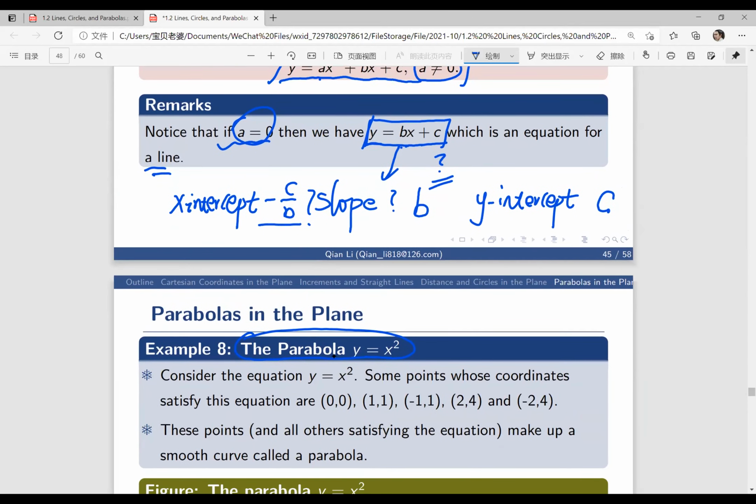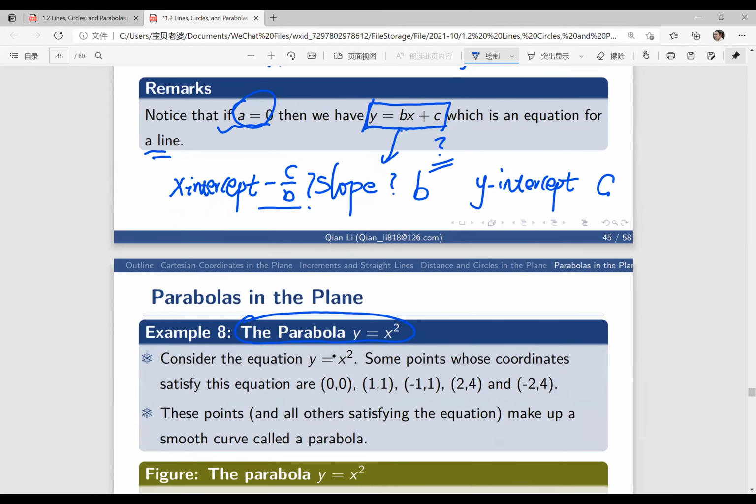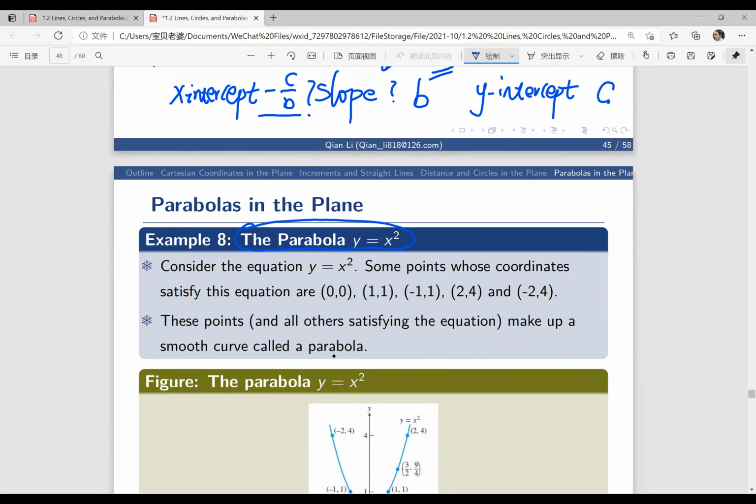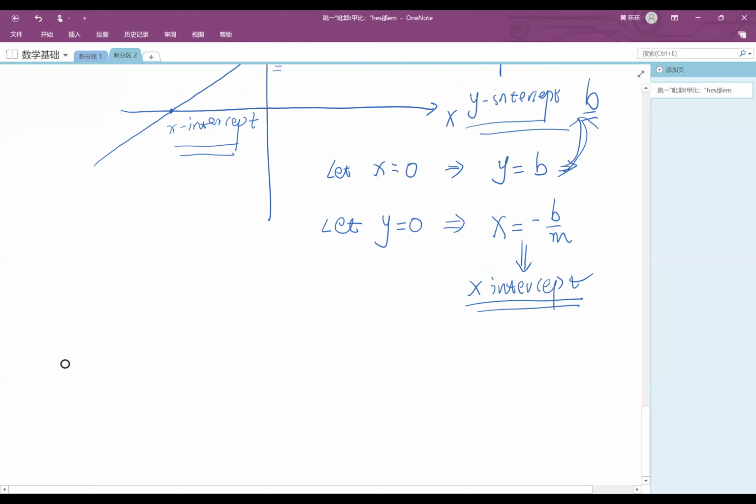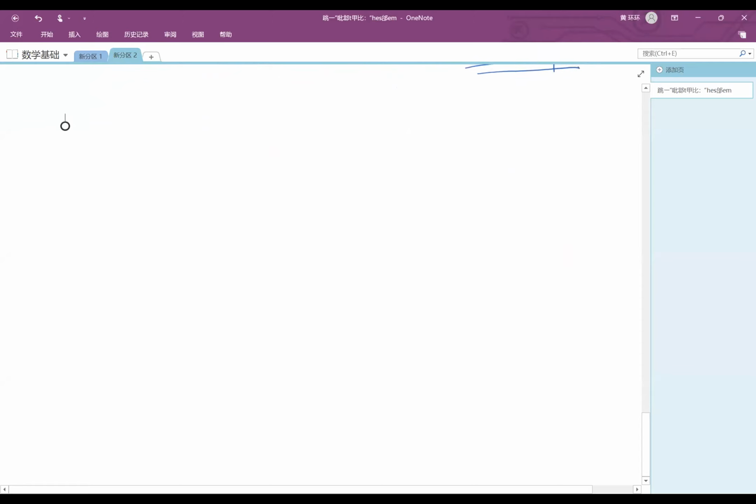So let's see the graph of this parabola y equals x squared. Let's say this is the x-axis and this is the y-axis.